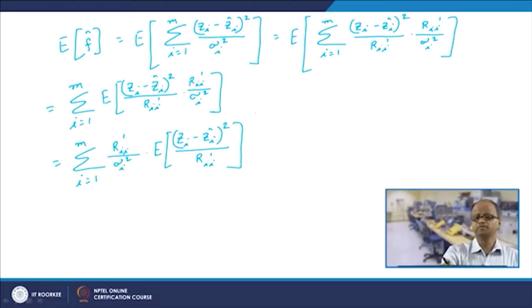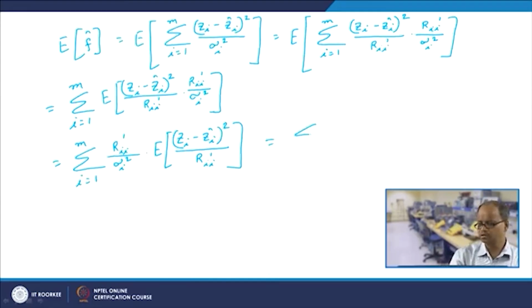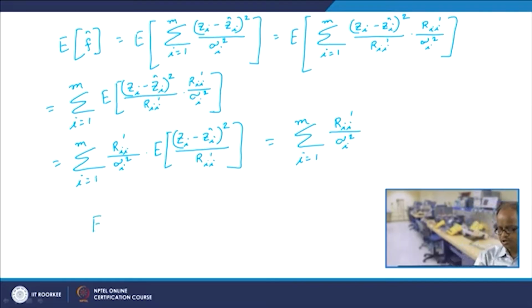Now, this quantity we have just now seen is equal to 1. So, it turns out to be the summation I equal to 1 to m R I dash by sigma I whole square. So, this is a very important relation. The expected value of f hat, that is the estimated value of the objective function, is given by the summation I equal to 1 to m of R I dash by sigma I whole square. So, this is a very important relation.